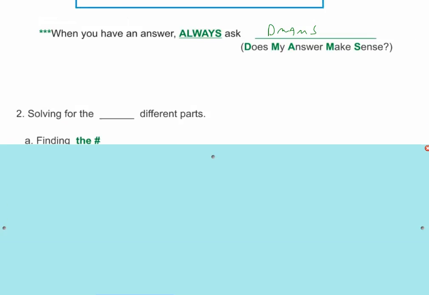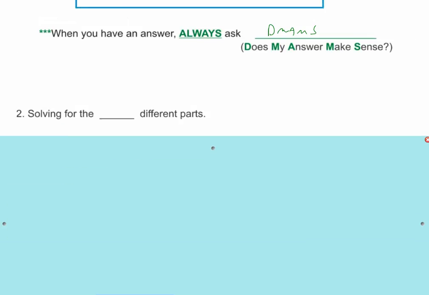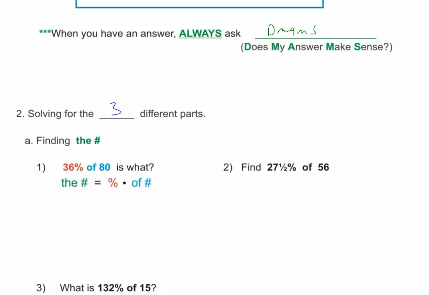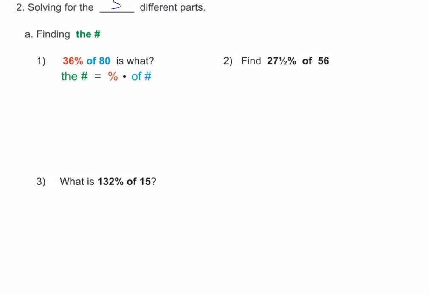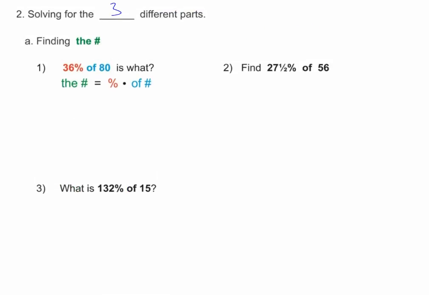Unfortunately, you guys don't have this. So this is solving for the three different parts. I shouldn't show you all that because you're going to try to copy it all. Don't copy everything right now. Just stay with what we're doing. So number 2 is solving for the three different parts.